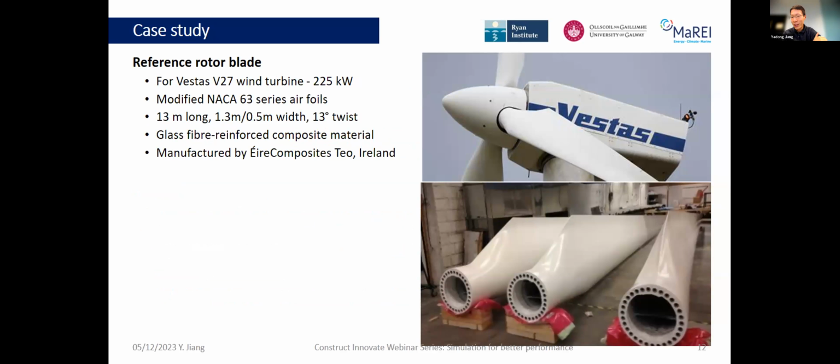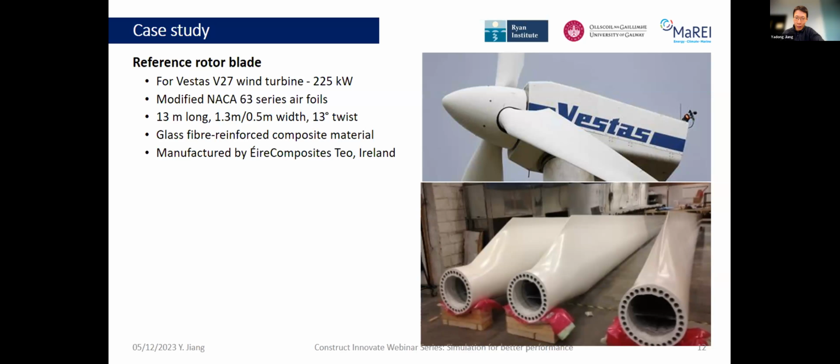The blade is constructed with a modified LM 6 series airfoil, and it's 30 meters long, manufactured by Air Composites using glass fiber reinforced composite materials. To simulate the operation of the turbine and get the forces and torque, I used the blade element momentum theory that I mentioned in the previous slide.